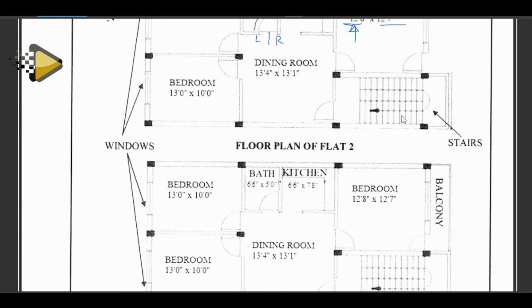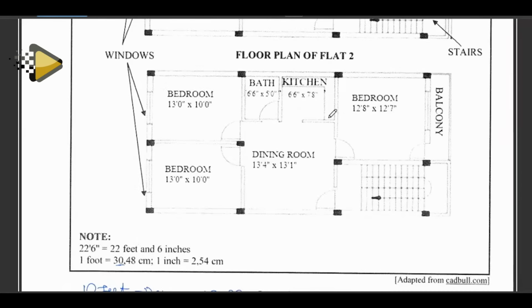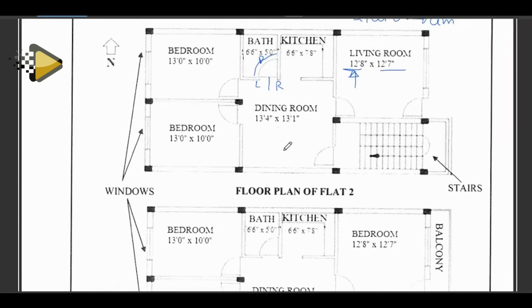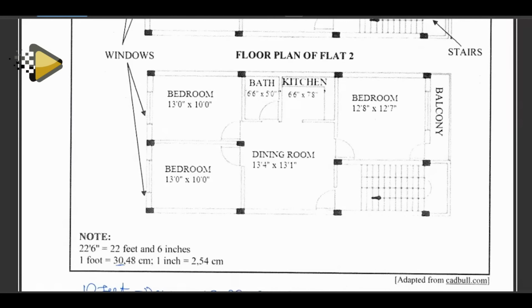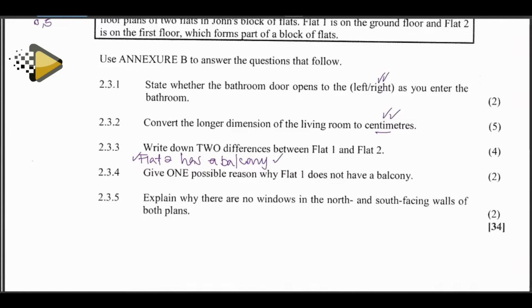You see that? Then, another thing that you see here, instead of it having a living room, it has 3 bedrooms. We have bedroom 1, bedroom 2, and bedroom 3. That's a difference also. So flat 2 has 3 bedrooms.